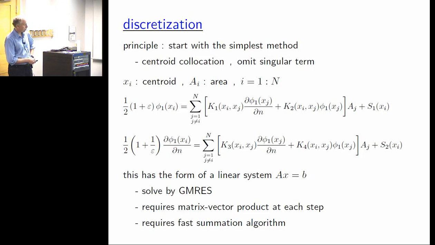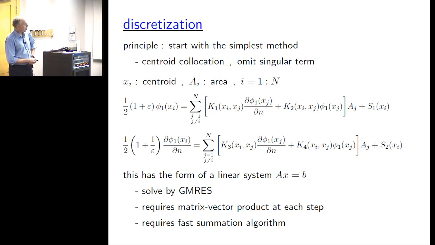The right-hand side comes from the source terms over here. So the linear system has no special properties. It's a dense linear system. We solve it by this algorithm called GMRes. The GMRes algorithm requires a matrix vector product at each step. It's an iterative method. You iterate until the solution converges to some tolerance.